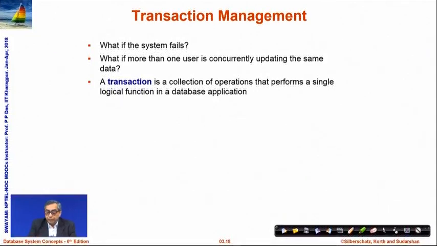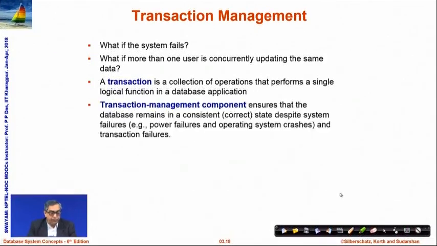So, a transaction management system is a component that ensures that with all these transactions happening, hundreds and thousands of transactions every second in a typical database system, the data should still remain in a consistent state.